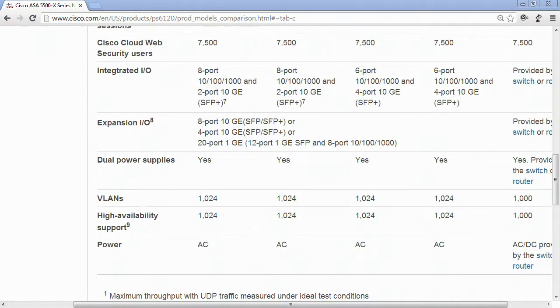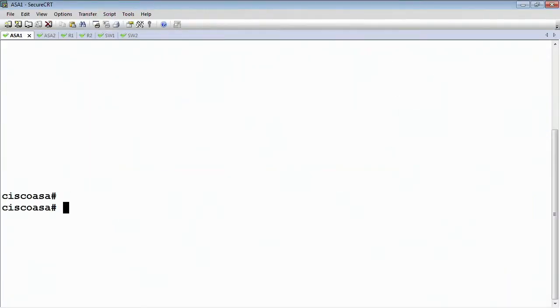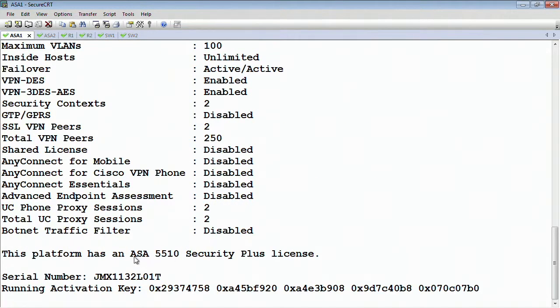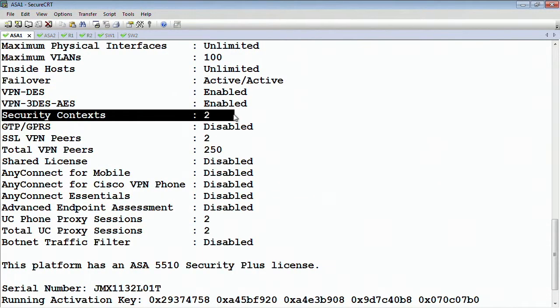For example, let's look at one of the boxes here, this ASA 1, and if we show version, this is ASA 5510. Depending on the license, this one here has Security Plus. This supports up to 2 contexts.